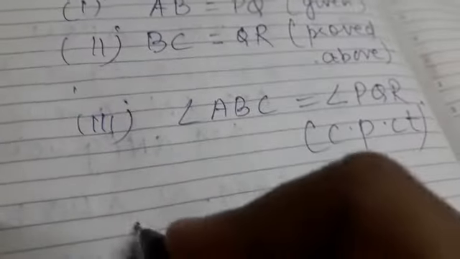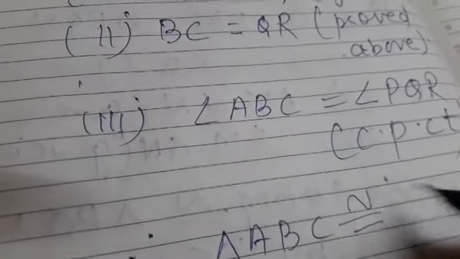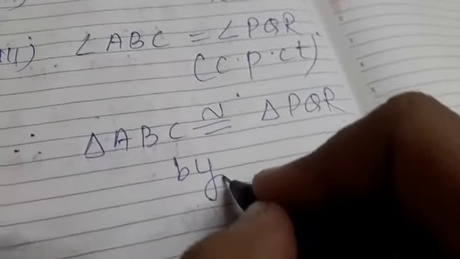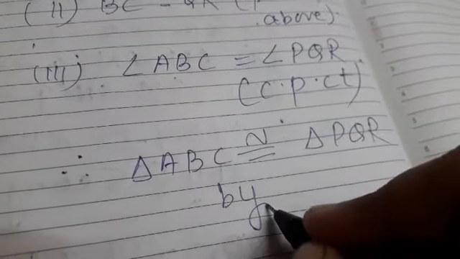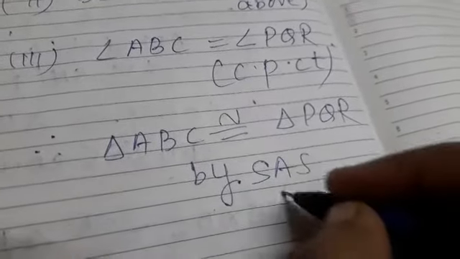Now the three parts we have got, so we can write, therefore, triangle ABC is congruent to triangle PQR by which congruence? Side angle side. Okay, so children, this completes your question number 3.